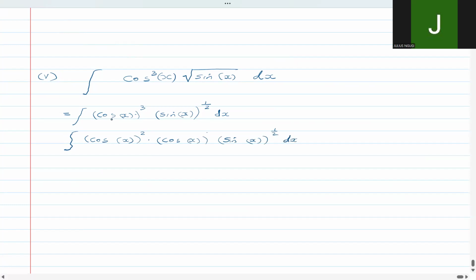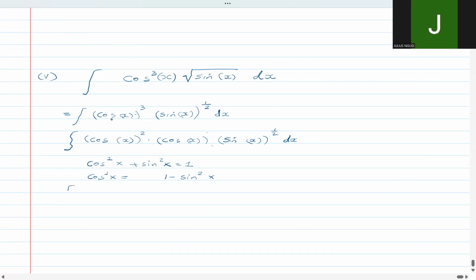That means that we have a function and its derivative in one type of a function. So if we recall that cosine squared of x plus sine squared of x equals 1, if I isolate cosine squared of x, we have 1 minus sine squared of x.